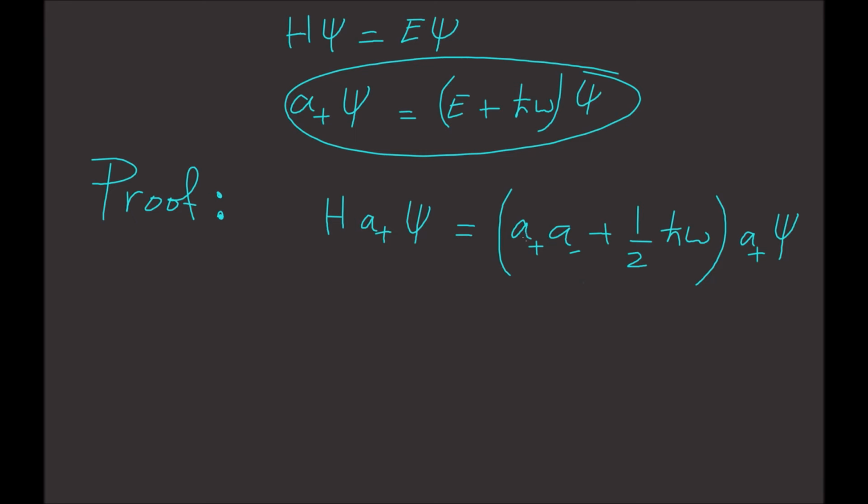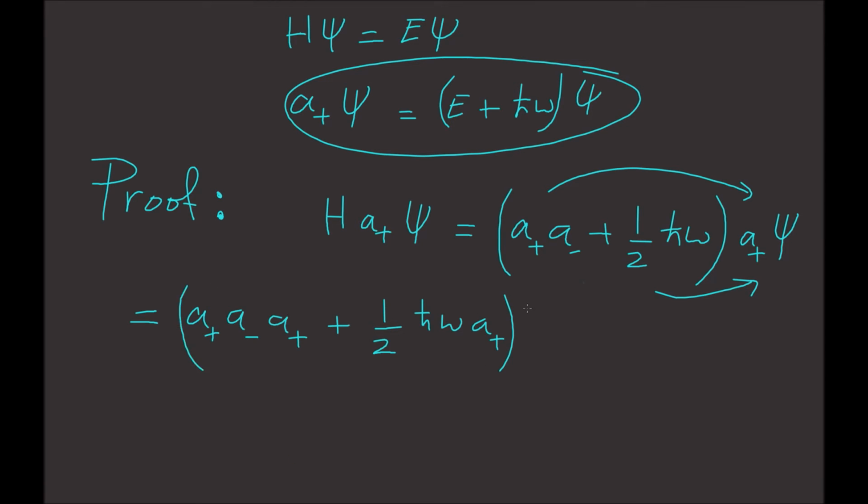So if we do this, we're just gonna distribute these two. We get A plus A minus A plus plus 1/2 h bar omega A plus times psi, right?